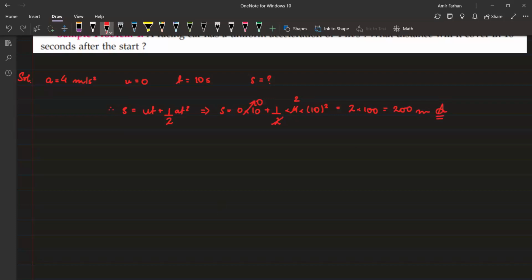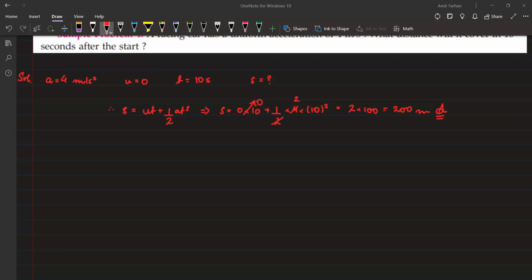Please let me know, everyone, is this clear to you or not? Any doubt so far to anybody? Please let me know. Yes, sir. Chalo, I'm giving you one more question. Let's see which equation you should use to solve this one.